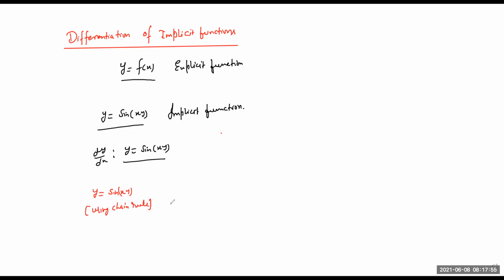Using the chain rule, what we can write is: differentiate both sides with respect to x.